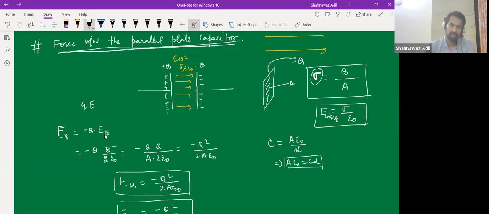Okay, so that you guys understand that this electric field is due to the plus. So whenever you guys have noted it down, please tell me.